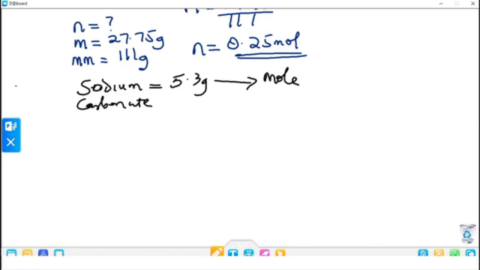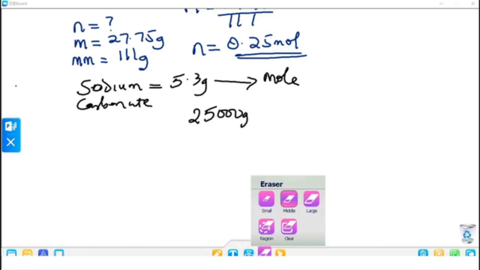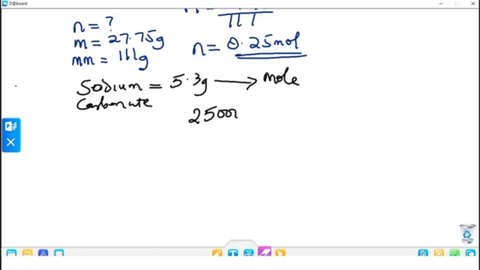In other words, for example, you are provided with 25,000 naira, and you are asked what is the value of 25,000 naira in dollars. That is just the question.